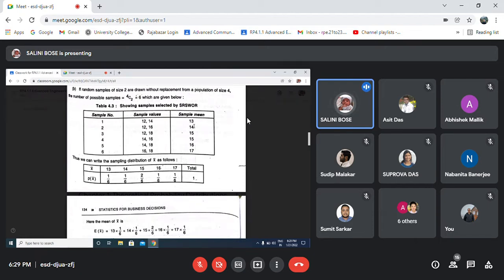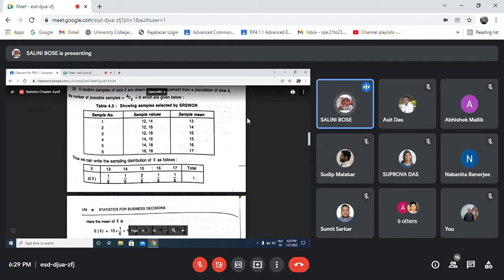Then 14 has occurred one time, so 14 will be 1 by 6. And 15 has occurred 2 times, so 2 by 6. And 16 will be 1 by 6, 17 will be 1 by 6. And you can check that the total probability will be 1, because 1 plus 1 plus 2 plus 1 plus 1 is 6, total 6 by 6, that is probability 1.